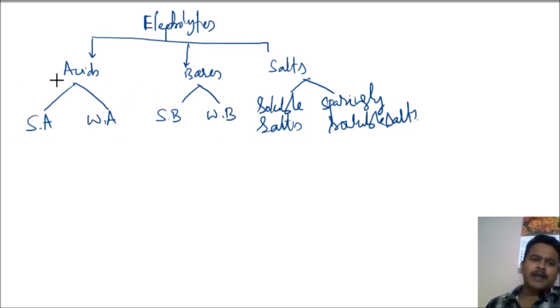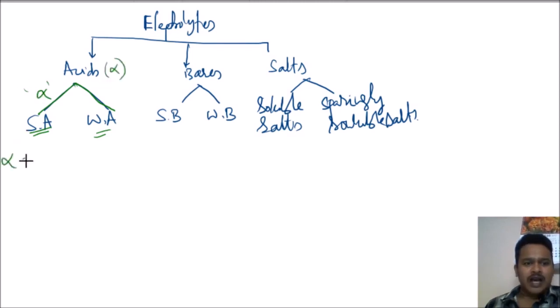Based on what factor are we going to categorize strong acid and weak acid? Here the factor is alpha. Alpha means degree of dissociation.